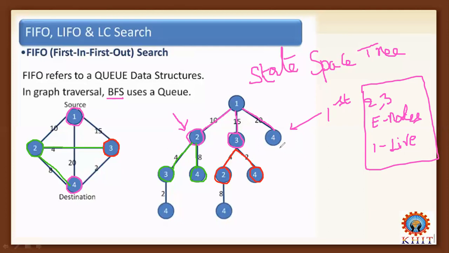Why? Because node 4 is considered as a dead node here, since there is no further use for that node.